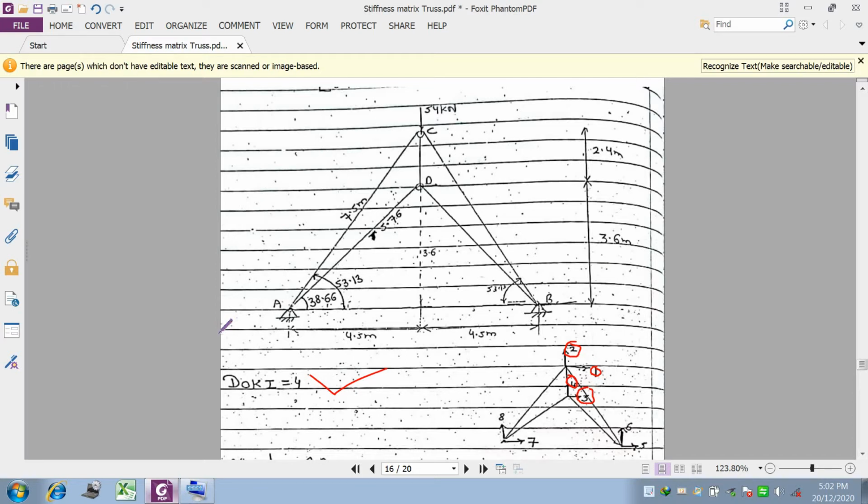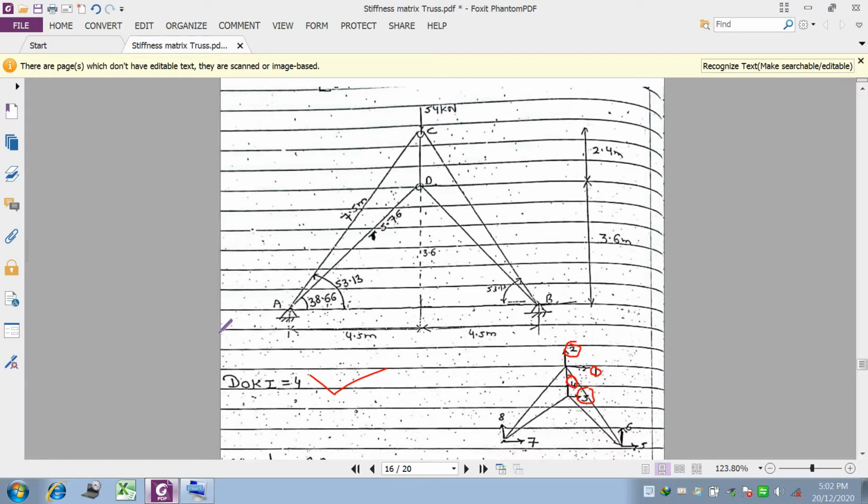One important thing in this numerical is that the members are identical.